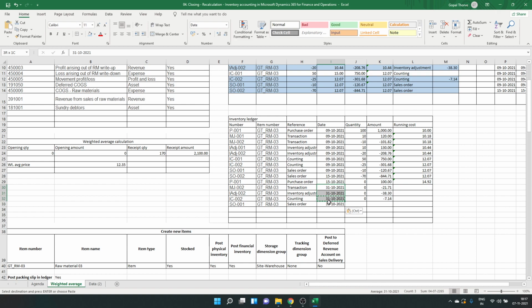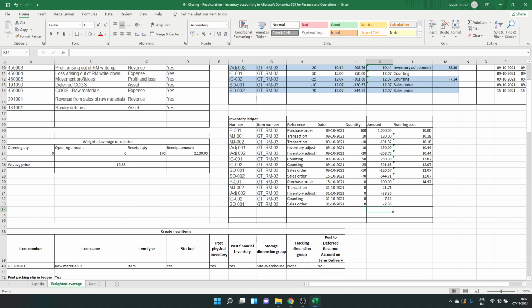All this will happen during the closing process itself. Now the amount is zero, only value adjustments are happening here. So my first sales transaction is for 10 quantity, and this transaction should be adjusted at the rate of this weighted average cost calculated at the time of closing minus the already posted cost amount.